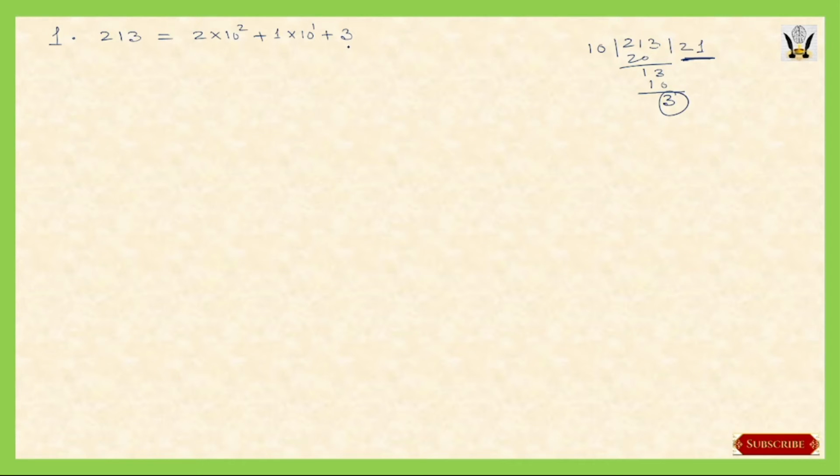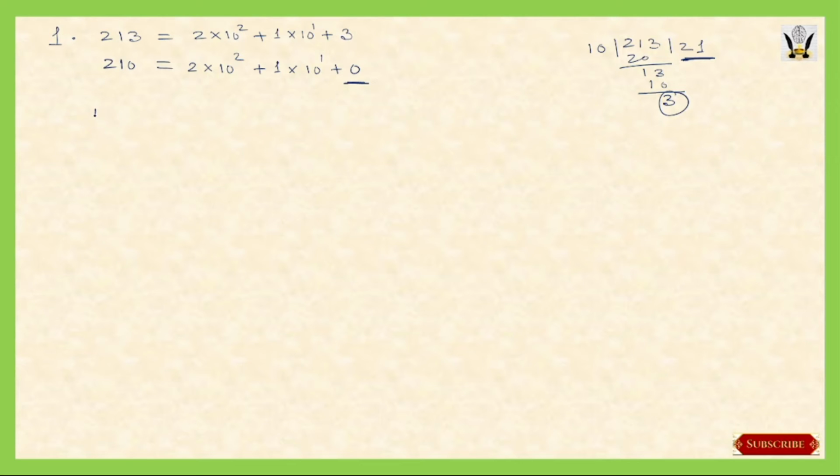If in place of 3 we had 0, that number could easily have been divided by 10. That means if it was 210 instead of 213, we could have divided it by 10. So if at the units place we have 0, we can easily divide that number by 10.